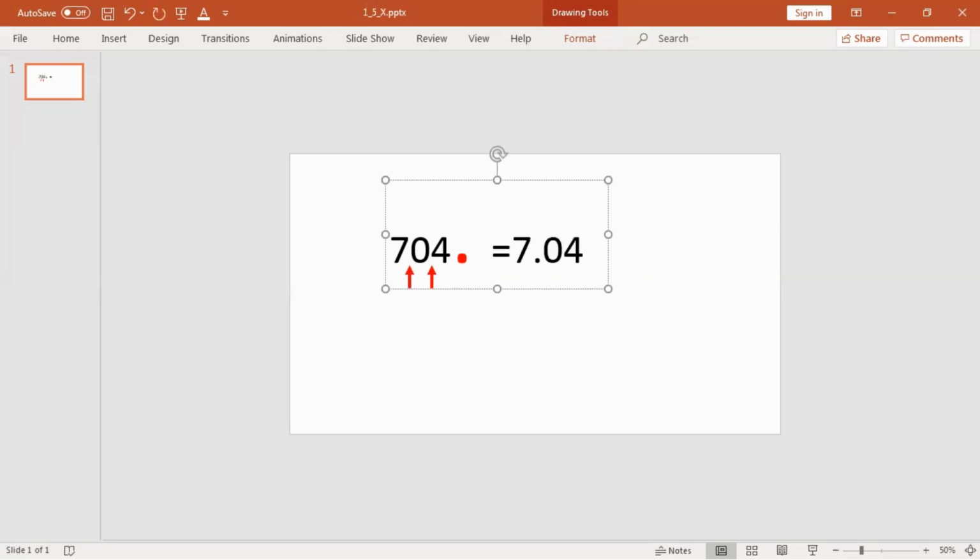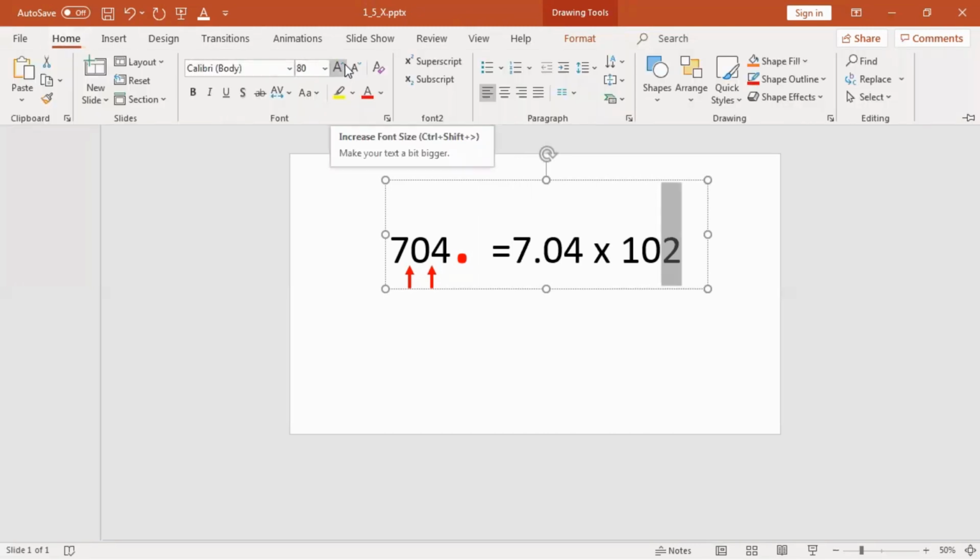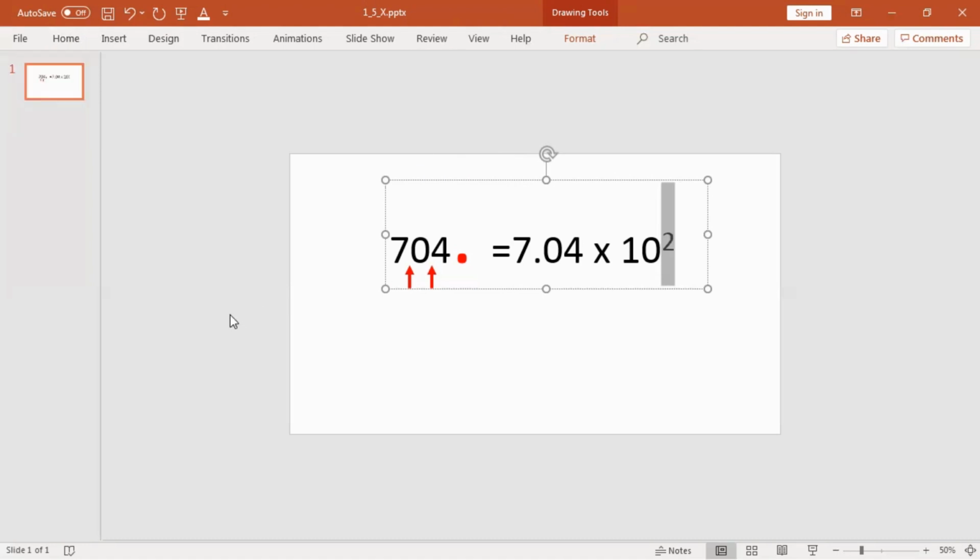So remember, the proper format is to have one non-zero number to the left of the decimal point, and then the rest of the number after the decimal point, and the multiplier is 10 to the, and you count it 1, 2, 10 to the second power, which is the number of digits you have to move the decimal point across.